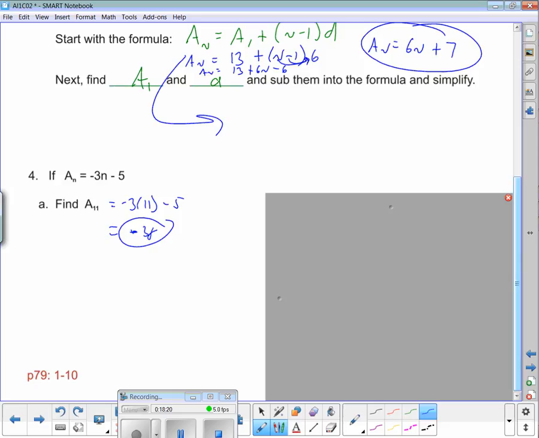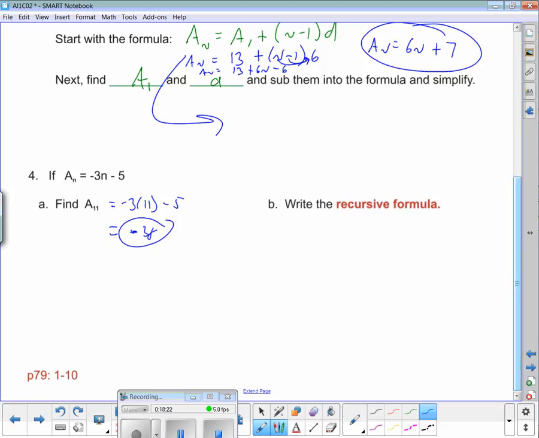Easy, easy, easy. All right, what's the last one? Write the recursive formula. Hey, remember, if you'll just keep in mind previous term, then hopefully you can write the recursive formula. So a sub n equals, remember what the previous term is? a sub n minus 1. And then you'll have to do what?